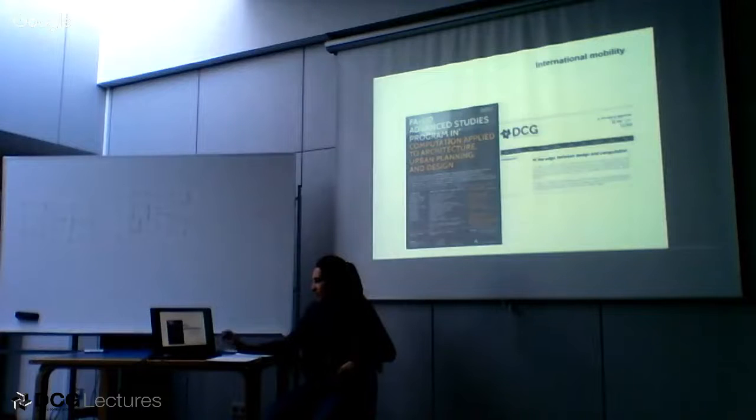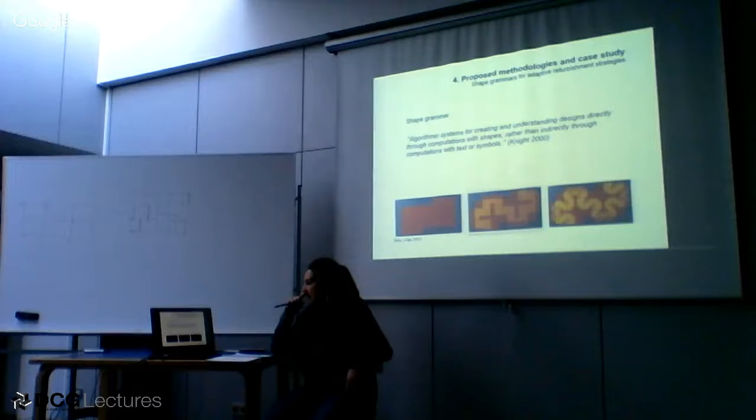Now, the second part starts from here, so from my mobility here. So I jumped into shape grammars, and I thought that could be a good methodology for my purpose, so for the adaptive refurbishment of buildings.